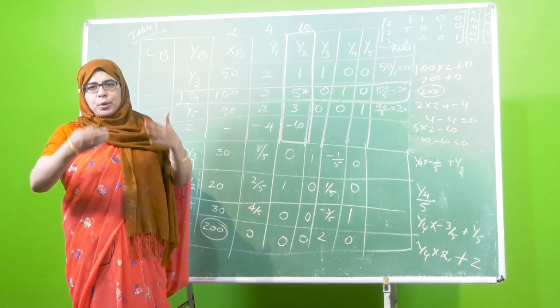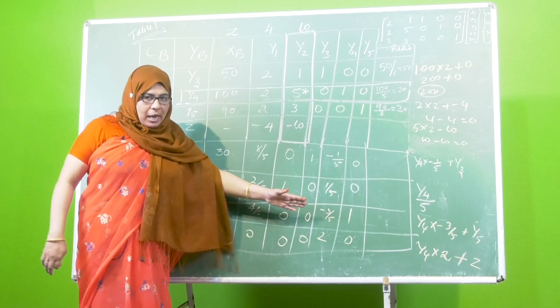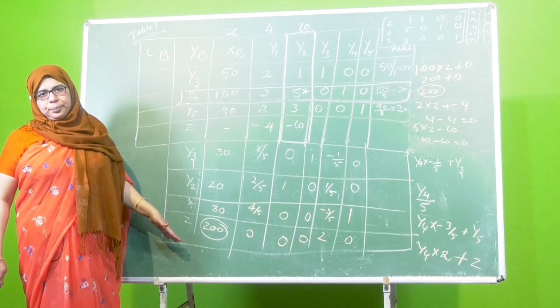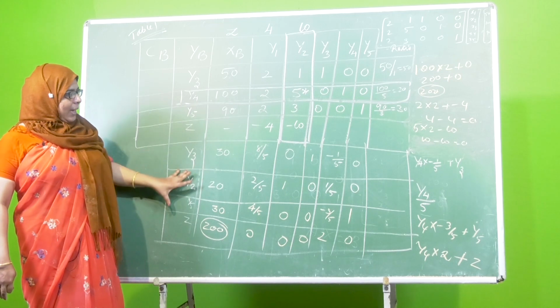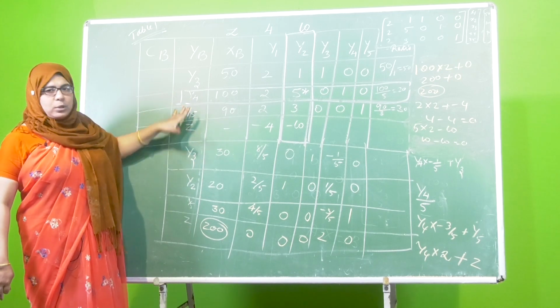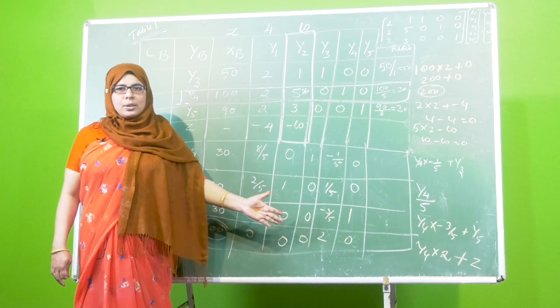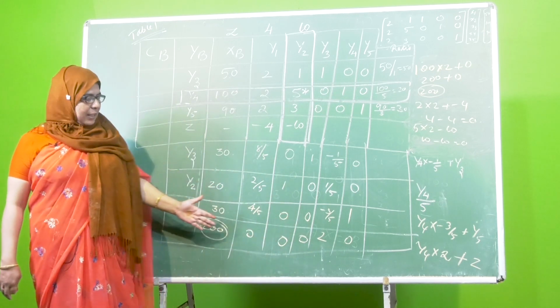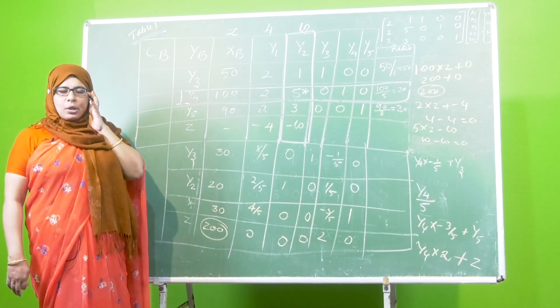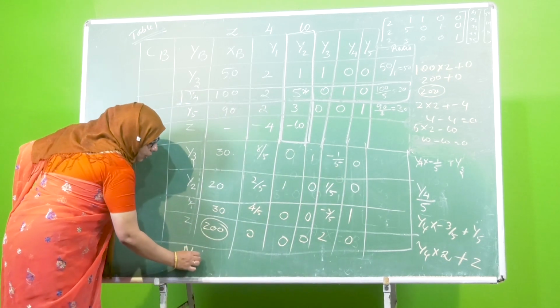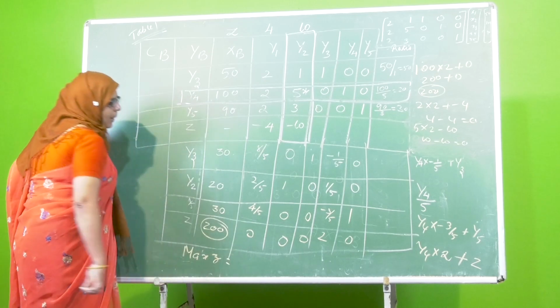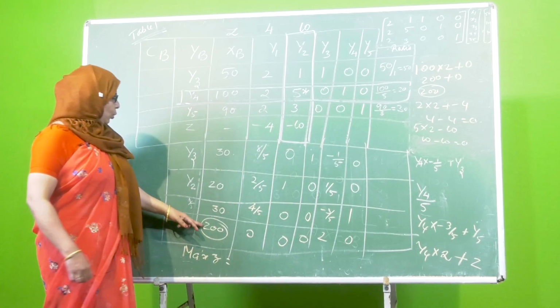So we proceed until the Z values are all positive. In this problem there is only one table, two steps. So no negative value is available in the Z. So what is the maximum Z? Here maximum Z is equal to 200.